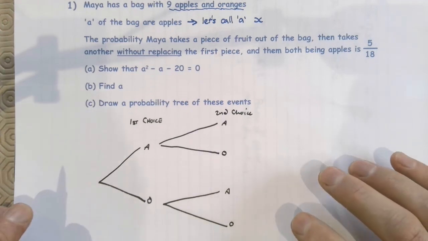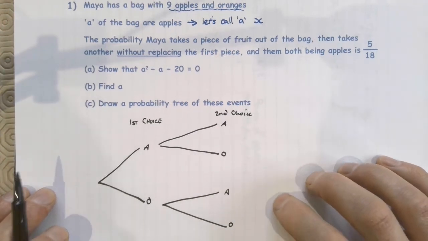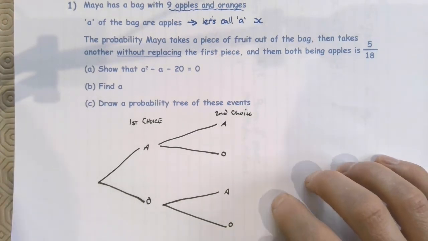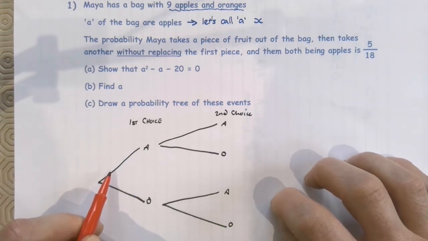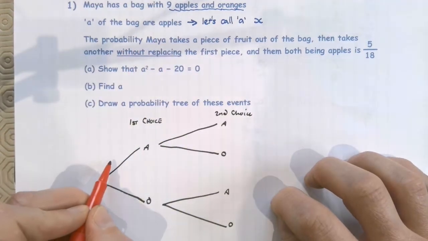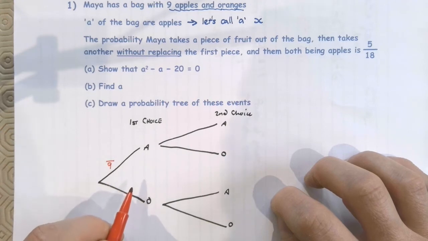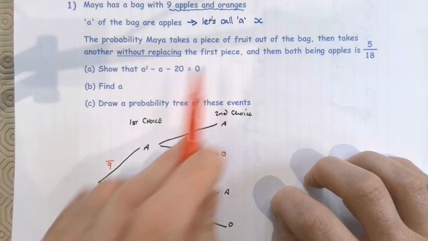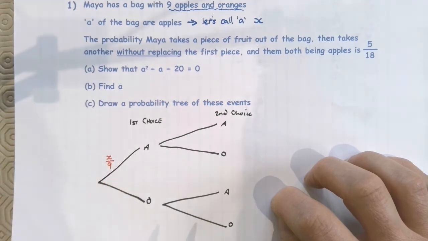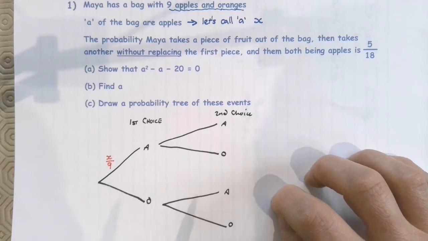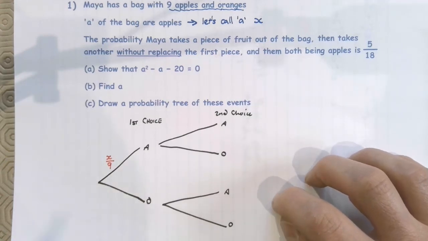Okay, let's get it all in the system. So let's have a look at this. What's the probability in our first choice that we get an apple? Well, we know there's 9 apples and oranges, so the denominator is going to be 9. And A of the bag are apples, and we're going to call it X. So let's say X on 9 is the chance of getting an apple. Well, how many oranges are there?